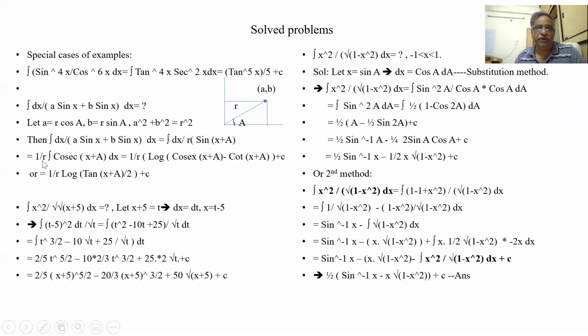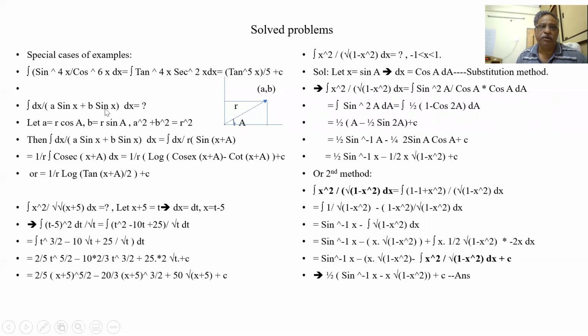So 1 by r if I take out, this is cosecant x plus alpha. 1 by r log cosecant x minus cot x plus c, or tan x plus alpha by 2. See how I have proceeded here. It is given that a is r cos alpha and b is r sin alpha, this is what we have substituted, and we converted this into a single sin of x plus alpha form.